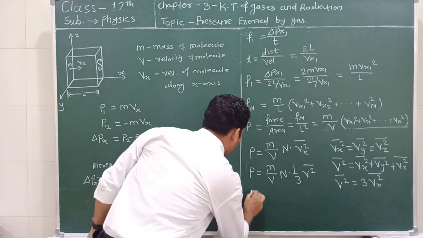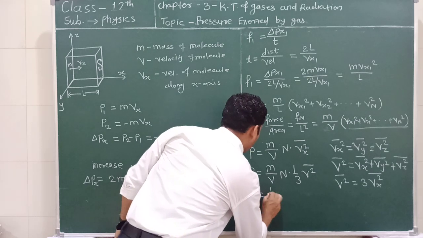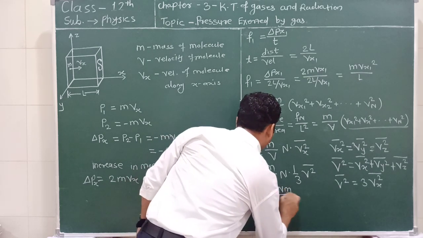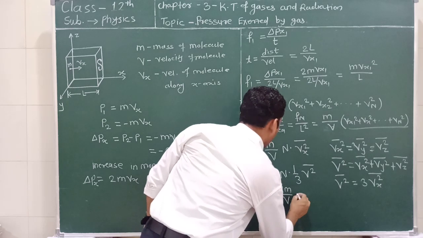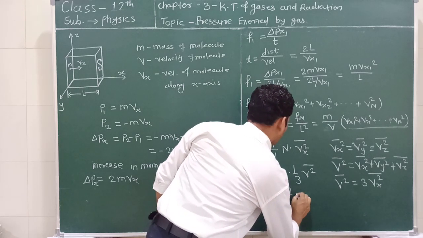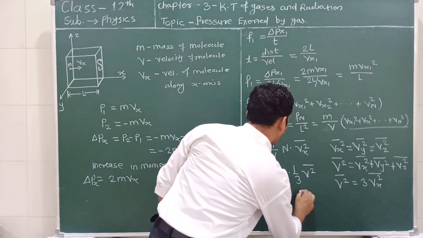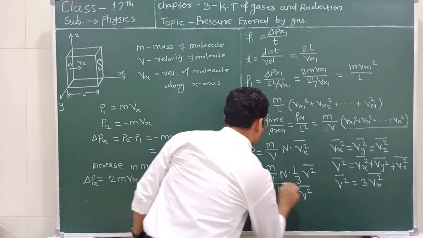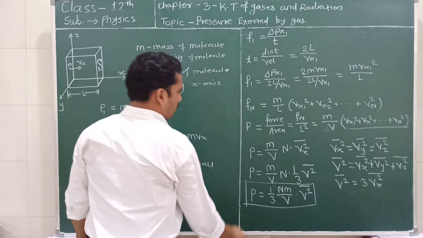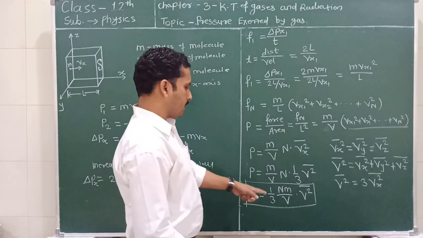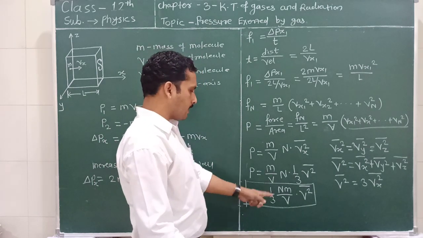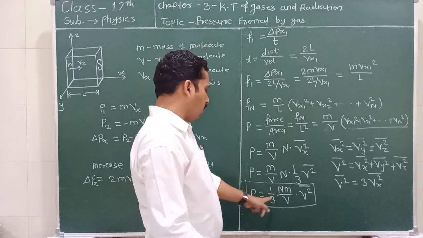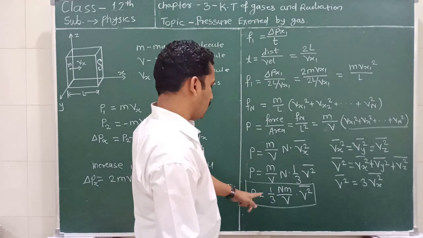In a simple way we can write it as 1 by 3 times n multiplied by m divided by V into V square bar. So this is the expression for the pressure exerted by the gas molecules on the wall of the container.